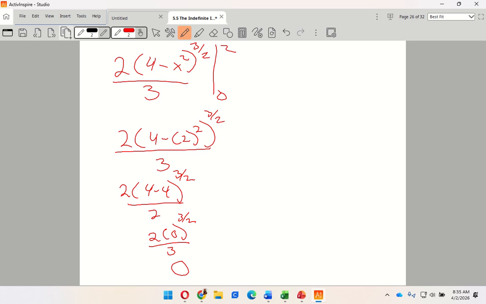Are we okay with this one? Yeah. Okay. And the other one would be minus 4 minus 0 squared to the 3 over 2. Right? So this is going to be 2 times 4 to the 3 over 2. So I'm going to rewrite this.